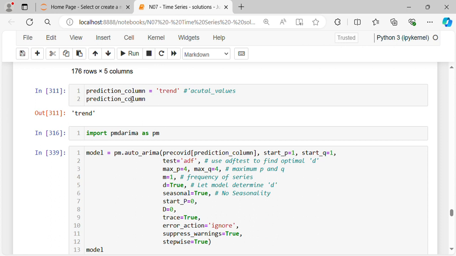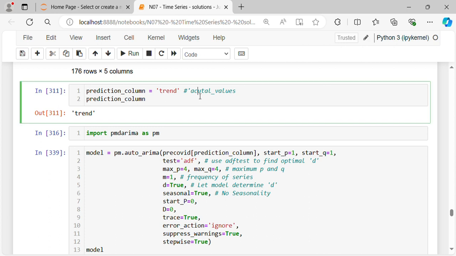Let prediction_column equal trend. Printing the prediction_column. So these are the actual trend values, and that is trend. Import pmdarima as pm.